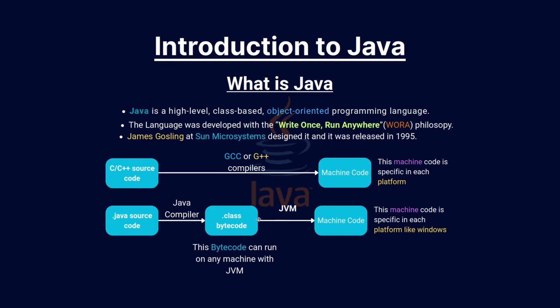If I take this bytecode into Mac OS, the JVM in Mac OS will take this bytecode and interpret it into Mac OS machine code. Remember that for applications to show results on the screen, they must interact with the operating system, and the operating system works with the CPU, and the CPU can only understand machine code, and the machine code is the bunch of ones and zeros.